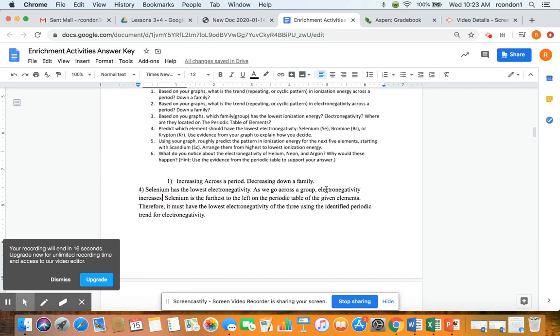And we know that electronegativity increases across the period because of the graph we made. So that would be your reasoning, that would be your answer.